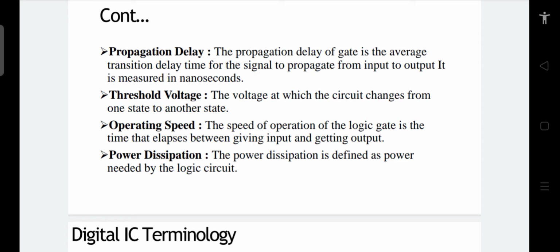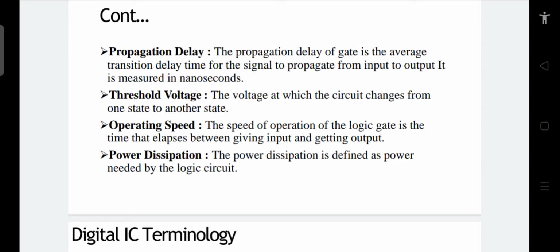Nowadays most of our devices are battery operated devices. So one of the requirements is on the power dissipation of whichever circuit you are using. Let's say you are using a circuit for your mobile or any battery operated device, then the circuit should consume as little power as possible.